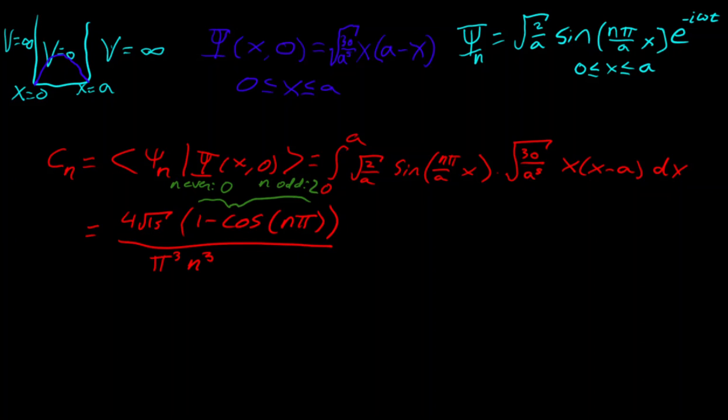And so now we can just write this as 2 times 4 root 15, so 8 root 15 over pi cubed n cubed for n odd. And this is our coefficient with the energy.